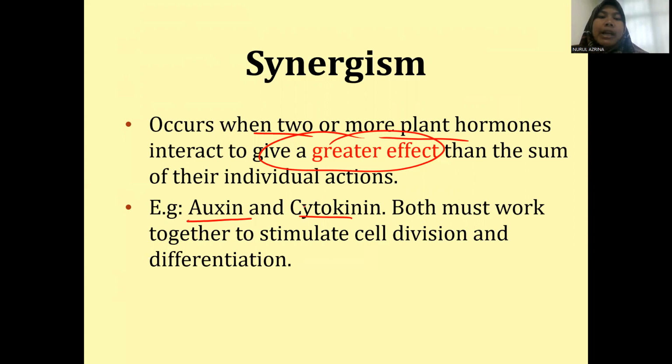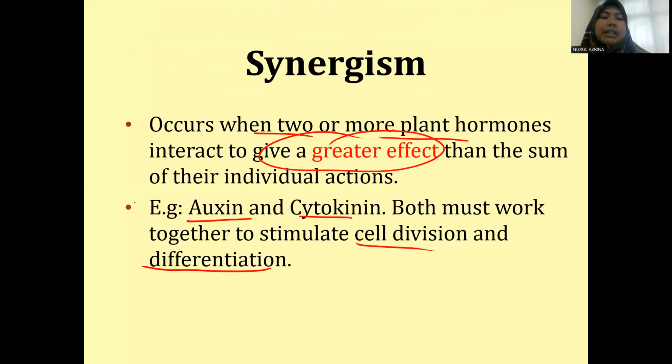Both auxin and cytokinin must be present in order to stimulate cell division and cell differentiation. We have seen the effect with different levels of cytokinin and auxin, but both must be present in order for the cell to divide and differentiate. So this can be considered as the first example of synergism.